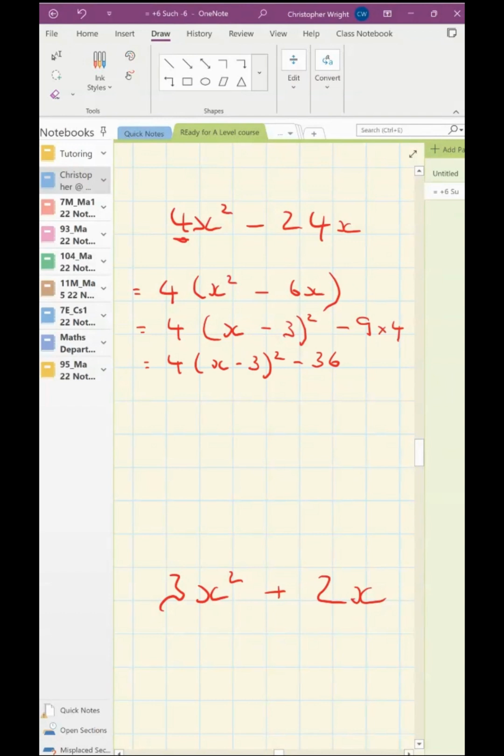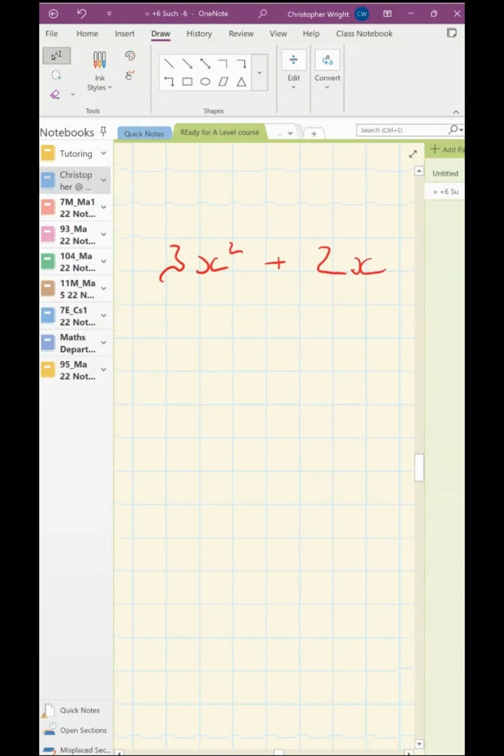Okay, and let's look at one more complex example here. Again, I've got a coefficient on the x squared, so I'm going to take the 3 outside the bracket. That leaves me with 2/3 of x, of course. So I'm only dealing with a single x squared. So that's going to give me 3. I'm going to have x plus 1/3 squared, because when I expand that, it'll give me my 2/3 of x, but it also gives me an extra 9th in the bracket.